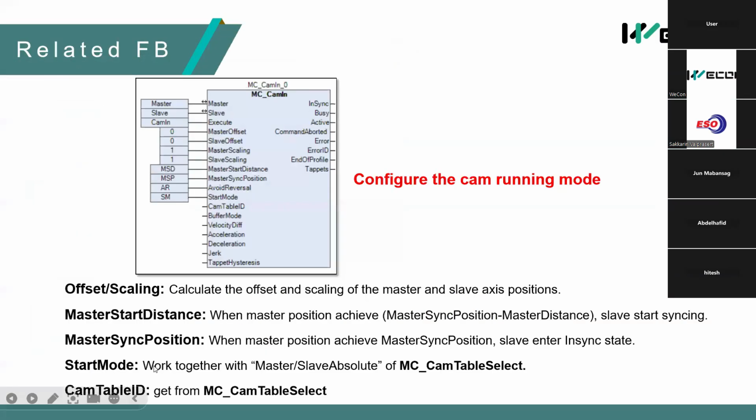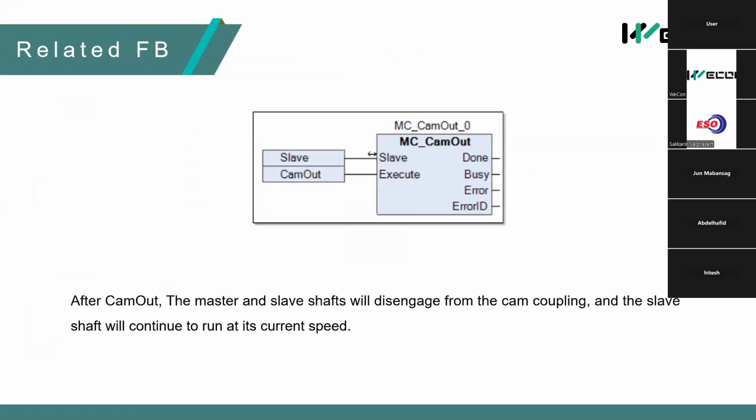And the start mode I will introduce later, and the cam table ID I have introduced. Before that, we can first check another function block, MC cam out. It's similar to MC gear out.